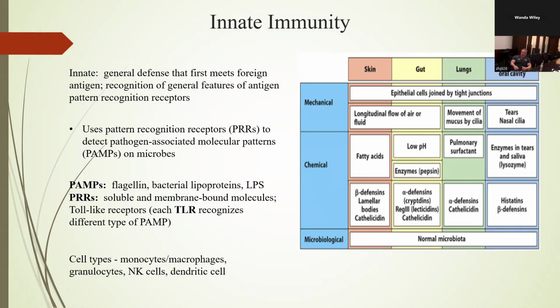If your skin is intact and the waxy layer is intact, then every time air blows over your skin, when you're walking around, you're in a room, that airflow is going to help constantly push pathogens away from you. At the risk of freaking everybody out, we have microbes falling on us all the time.